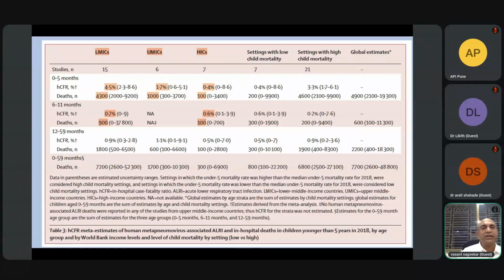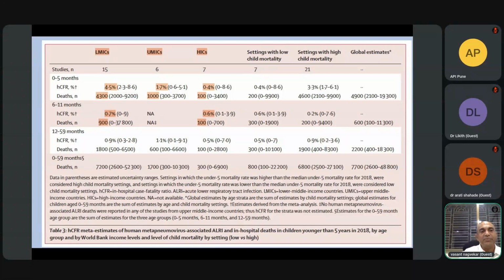So it clearly says that this respiratory syncytial virus or the human metapneumovirus, I would say, has higher mortality for children below 6 months of age, that is 0 to 5 months, with a high case fatality rate. When we see 6 to 11 months of age, the case fatality rate in lower middle income countries and upper middle income countries was more or less the same, and it did not differ that much between the two groups.